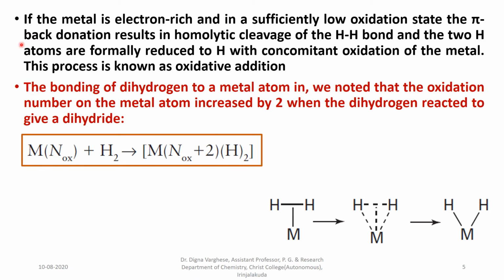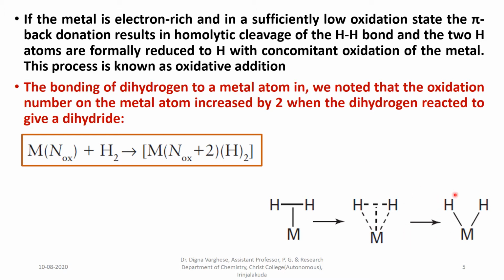If the metal is electron rich and in a sufficiently low oxidation state, the pi back donation results in homolytic cleavage of the hydrogen bond, and the 2 hydrogen atoms are formally reduced to H minus with concomitant oxidation of the metal.